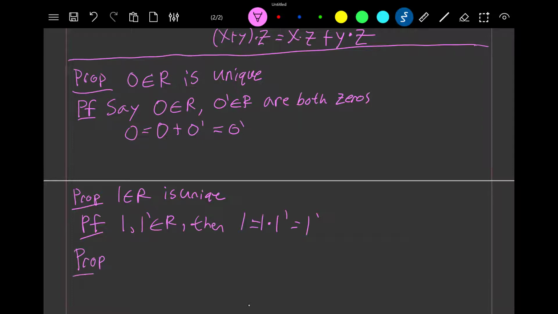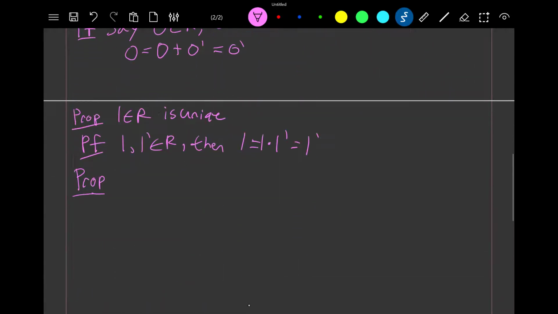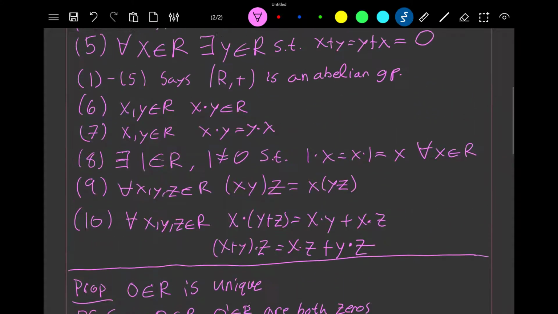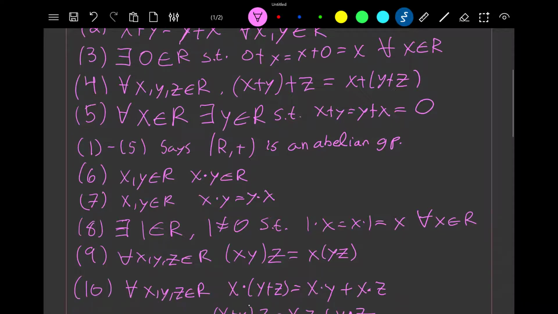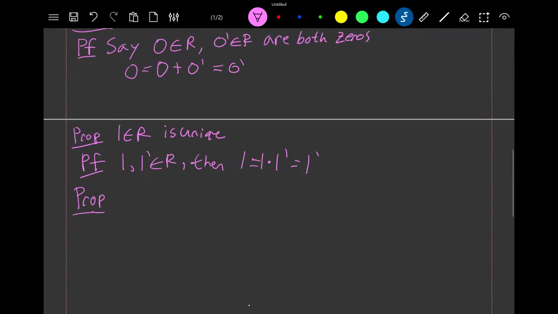We also have the inverse. When I say inverse here, I'm talking about axiom statement 5: the negative is unique.